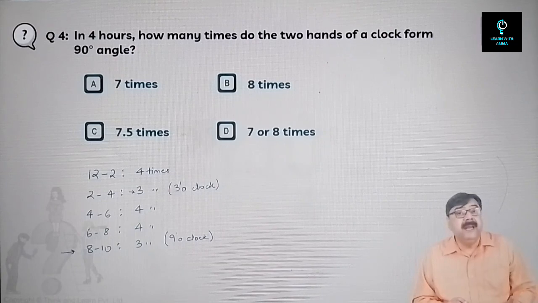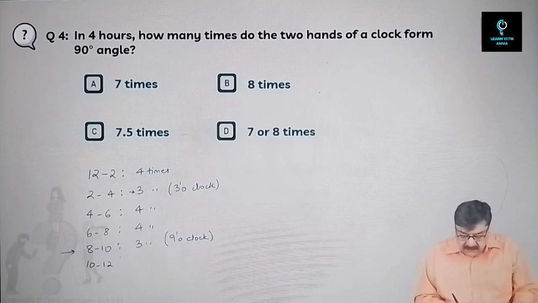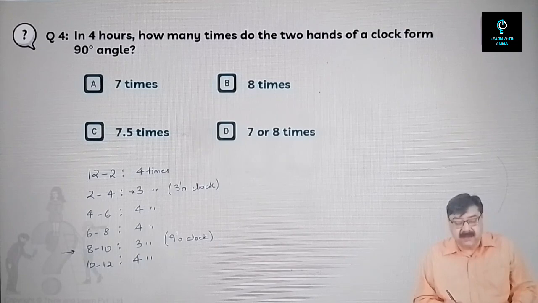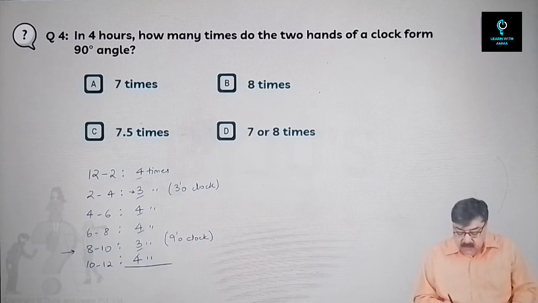First time between 8 and 9, second time exactly at 9 o'clock, and third time once between 9 and 10. Then 10 to 12, again 4 times. So now if you add these up, 4 plus 3 is 7, plus 4 is 11, plus 4 is 15, plus 3 is 18, plus 4 is 22 times.